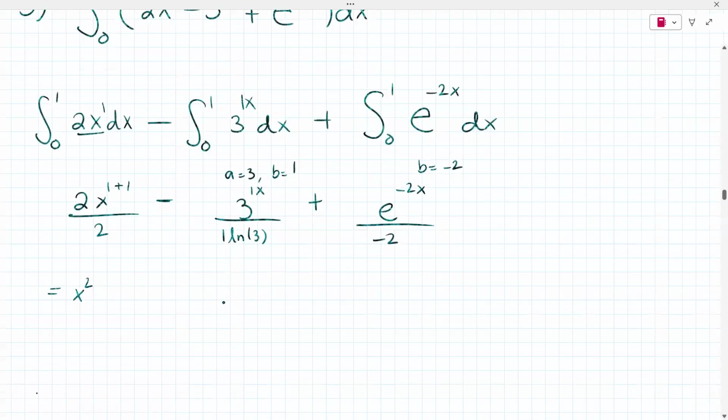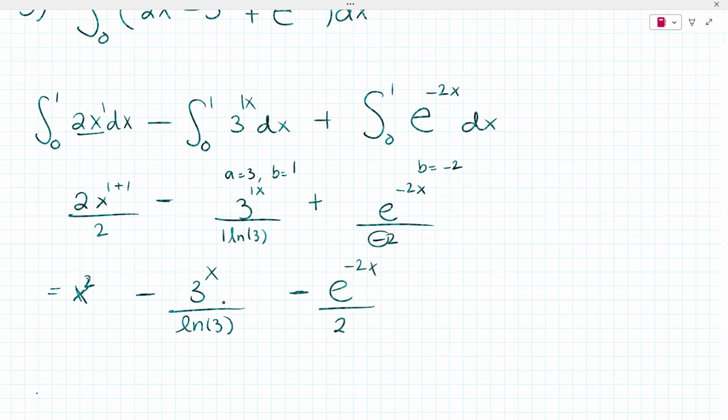So this simplifies as x squared minus 3 raised to the x over ln of 3. And then this is going to be negative e to the negative 2x over 2. I just put this minus in the center. I could do that. And then we have to do our fundamental theorem.